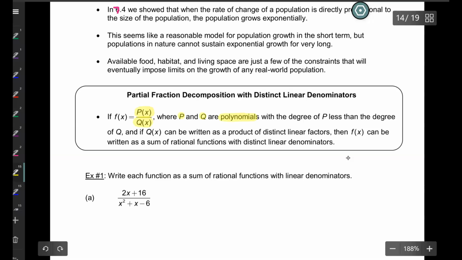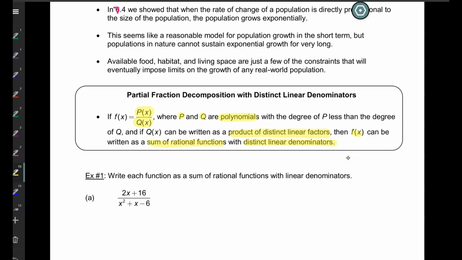P and Q are polynomials with the degree of P less than the degree of Q. What we're going to do is rewrite it as the product of distinct linear factors. And then f of x can be written as the sum of rational functions with distinct linear denominators, which is going to allow us to integrate it much more easily.